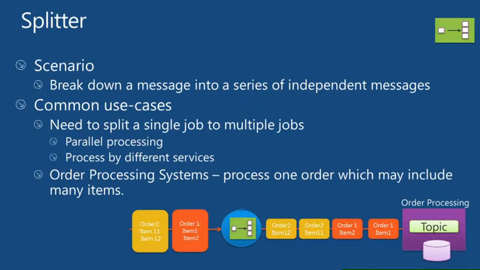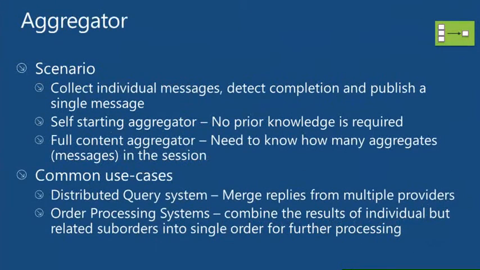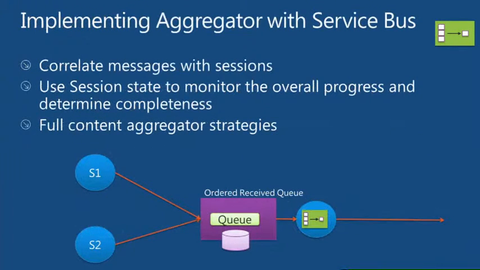The way we do that is we can keep it together using sessions, and sessions also help with aggregators. You have a splitter that splits things up, and an aggregator, where you have multiple sources and you want to get them all to the same receiver.